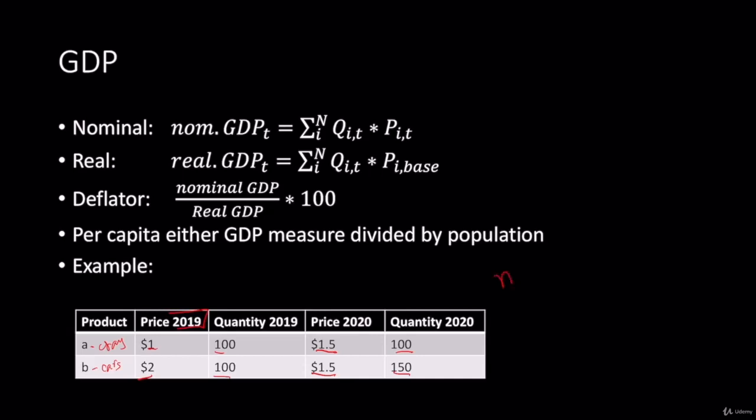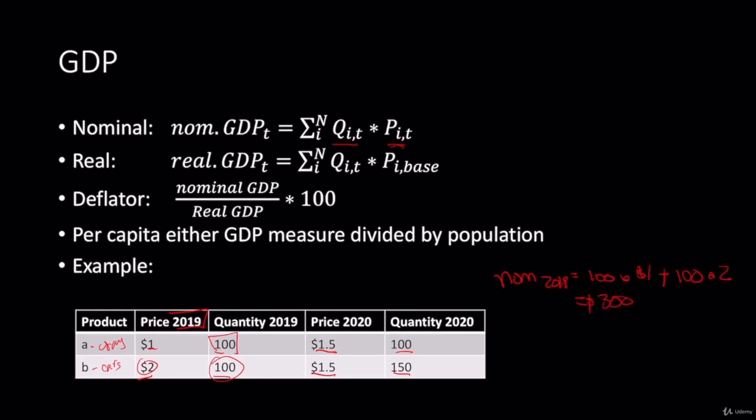So how do I use this formula? Let's do nominal GDP for 2019. I'm going to take the Q times P. So Q is 100 times $1 plus 100 times $2. And in 2019, my GDP is $300.